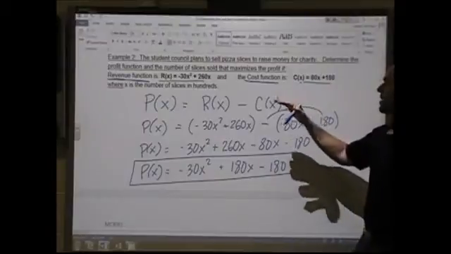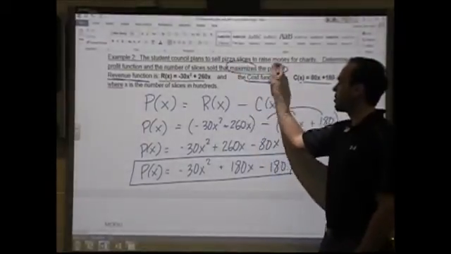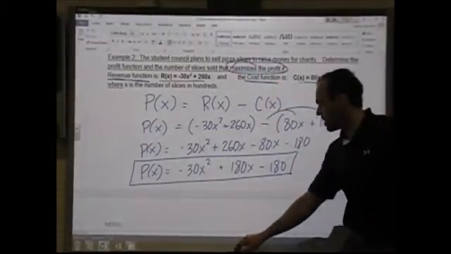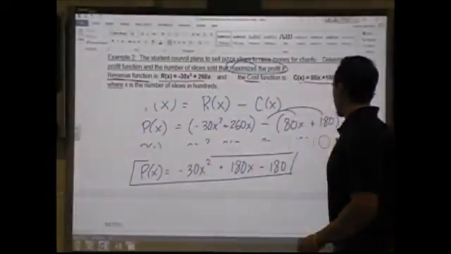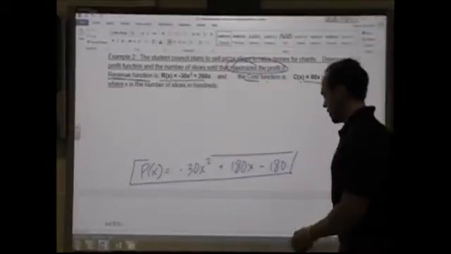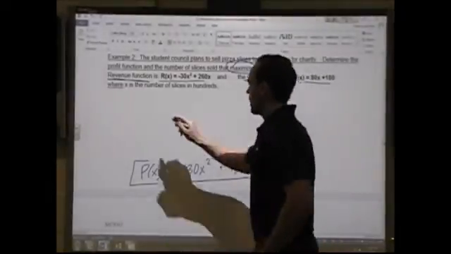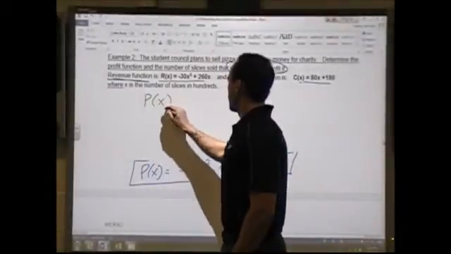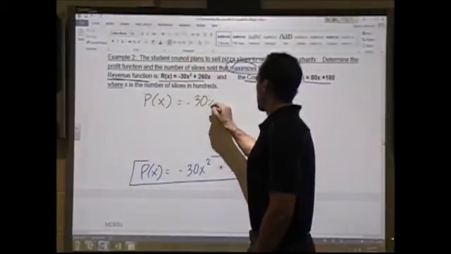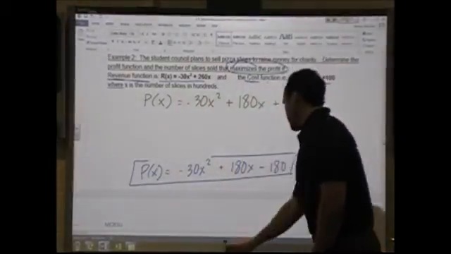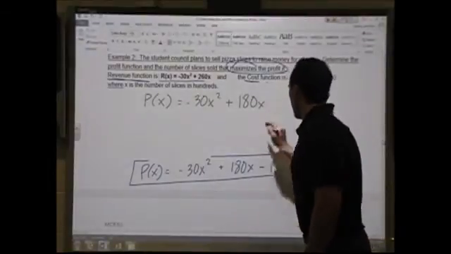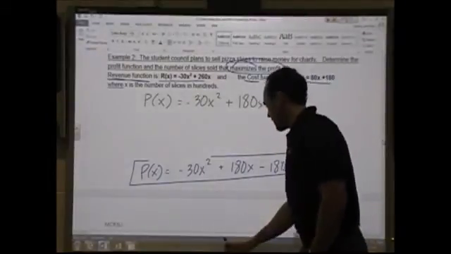And now it's asking us to maximize profit. So I'm just going to rewrite this, and I'm going to find the maximum of the profit. Again, profit is equal to negative 30x squared plus 180x minus 180. And I am asked to maximize this.